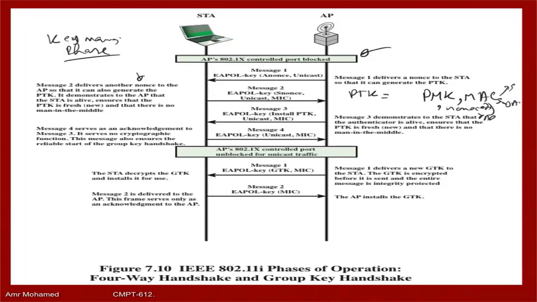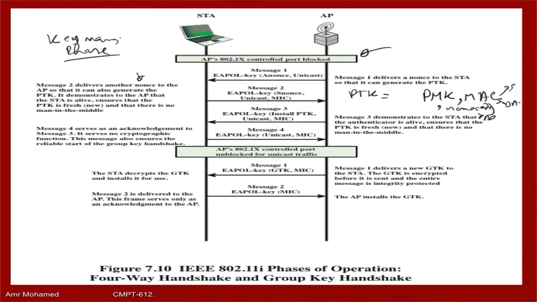So now the pairwise transient key is a result of a hash function which includes the pairwise master key, the MAC address of the access point and the station, and the nonce of the station and the access point.